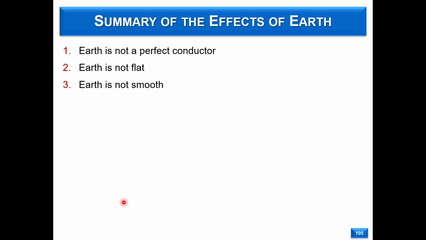So in general, the effect of Earth on the radiation pattern is that the Earth is not a perfect conductor, so we need to take the limited conductivity into consideration. The Earth is not flat. Another factor is that the Earth is not a smooth surface, and whether it is smooth or not, curved or not, flat or not, depends on the wavelength.